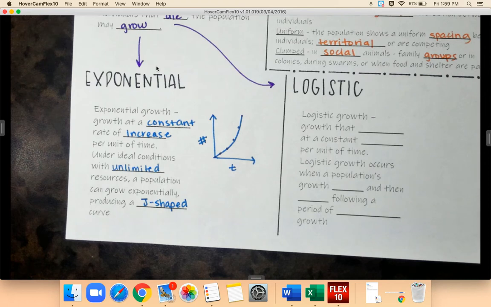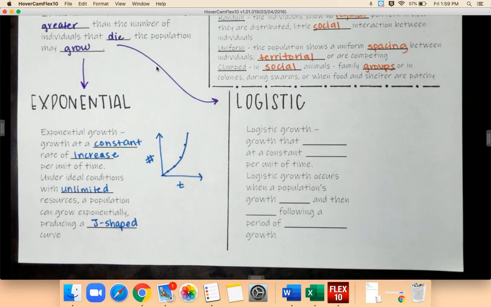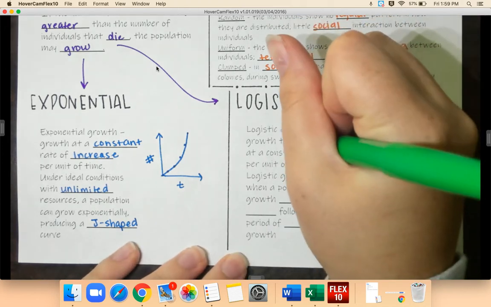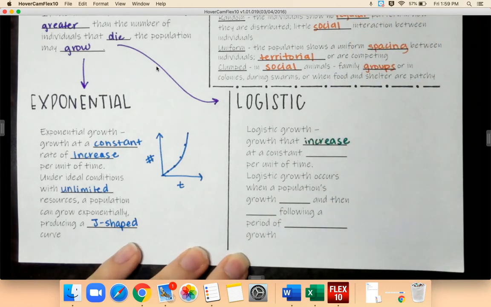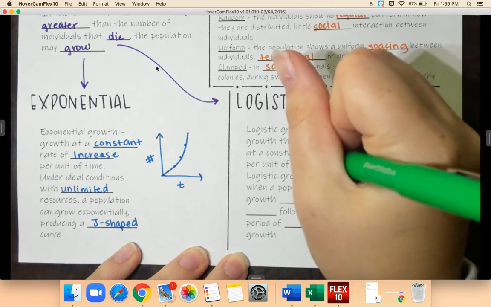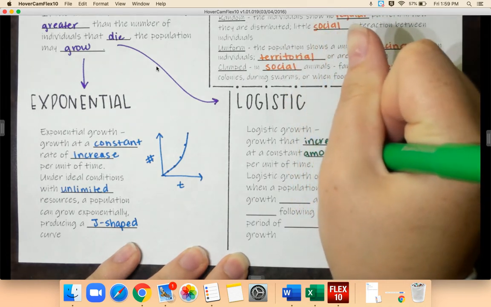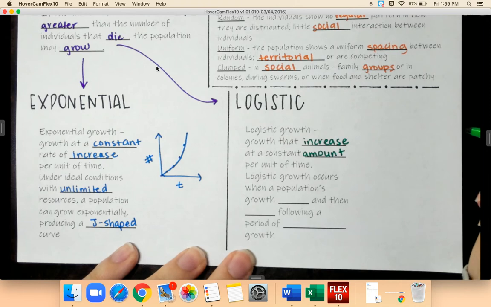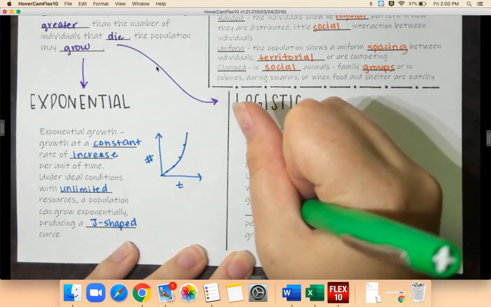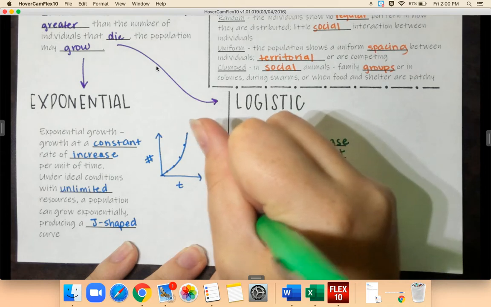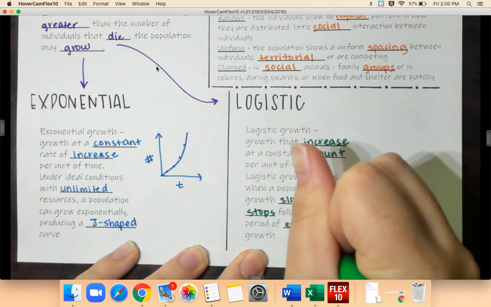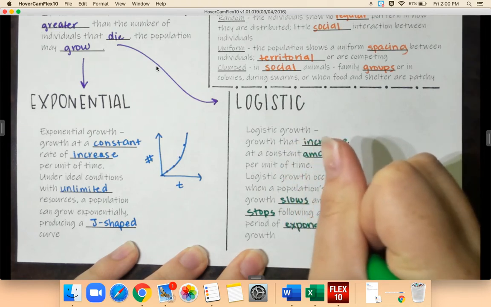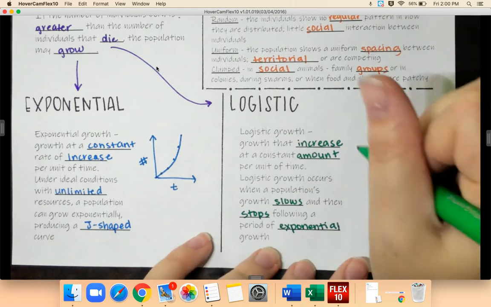The other type is logistic, so another type of growth. Logistic growth occurs when a population's growth slows and then stops following a period of exponential growth. So what does this look like on a graph?